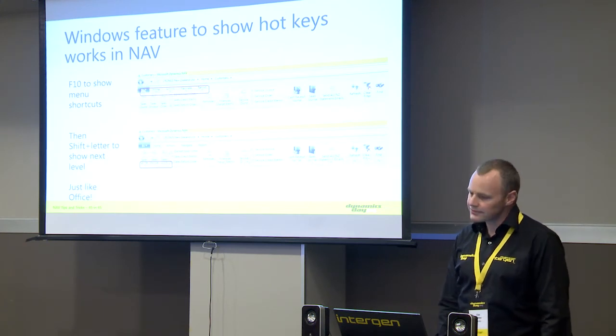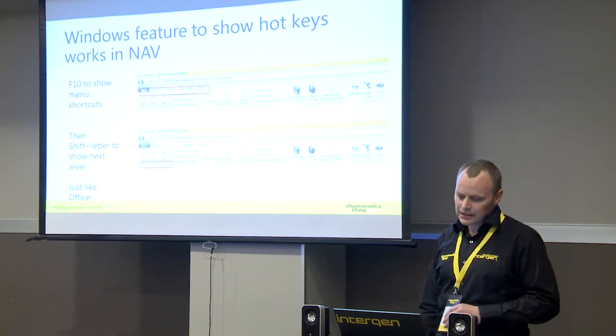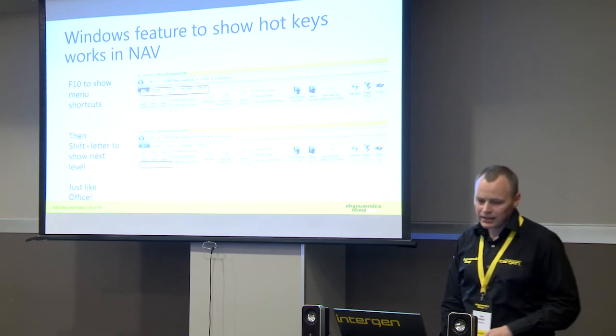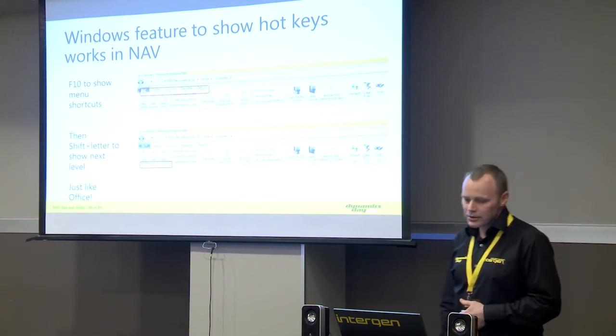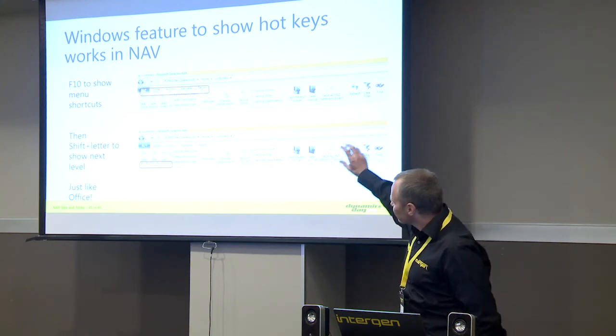Standard Windows feature, I think this is Windows 7, to show hotkeys when you're in Office. So F10, what F10 will do is you'll see where I've highlighted the first ones.